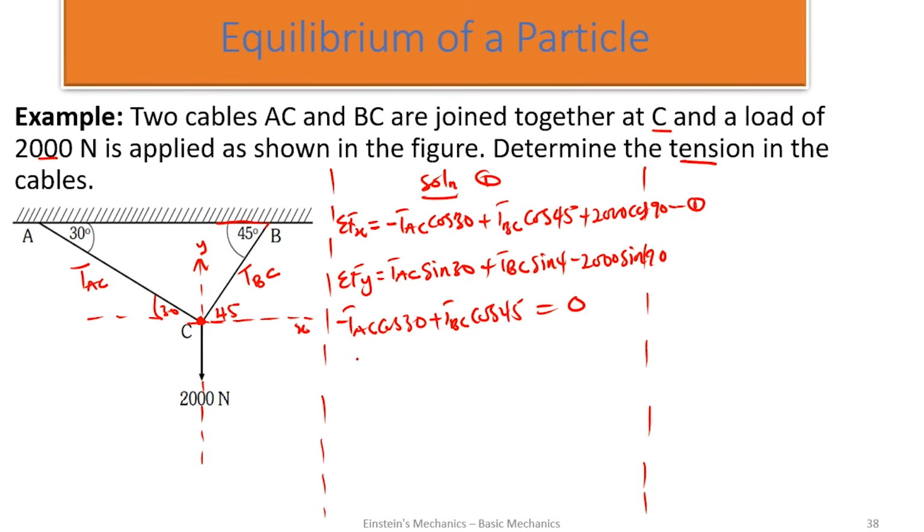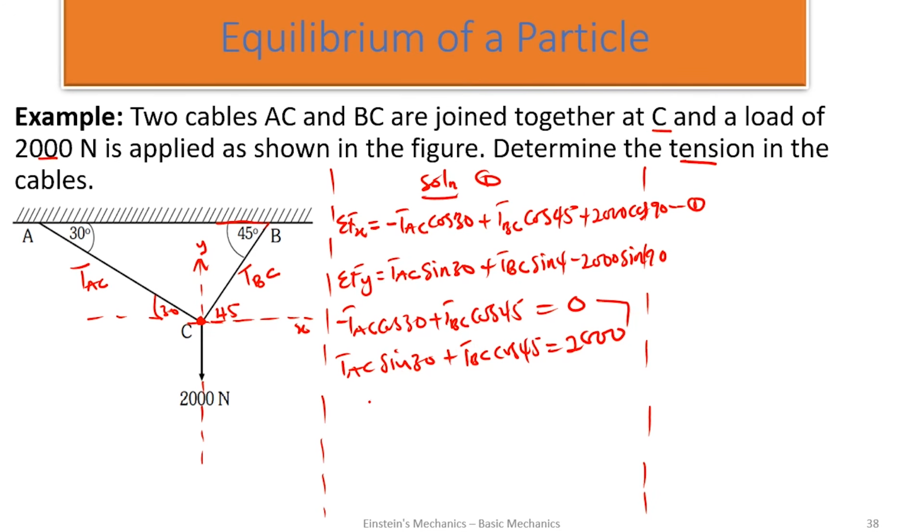So we have TAC sine 30 plus TBC sine 45. Remember, sine 90 is 1, so 1 times negative 2000 will be negative 2000. You take it to the other side because summation on the y will also be 0, and this will be positive 2000. So we have our two equations here, and we solve them simultaneously.